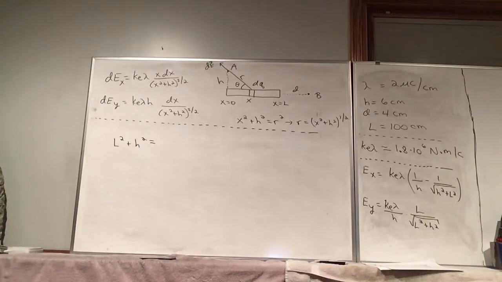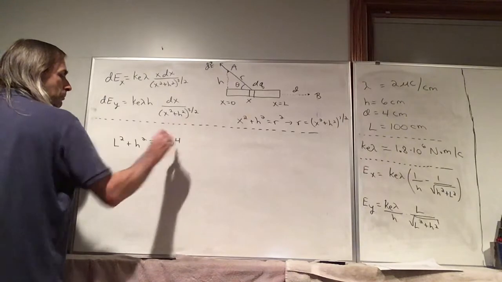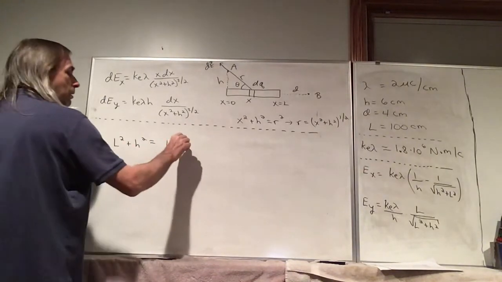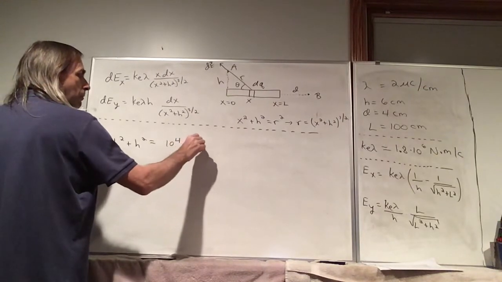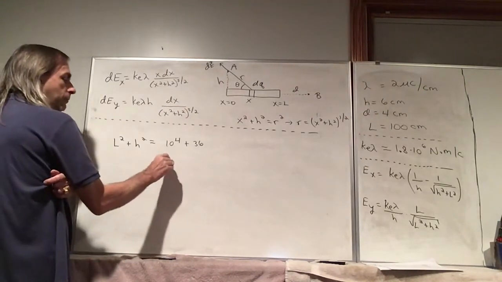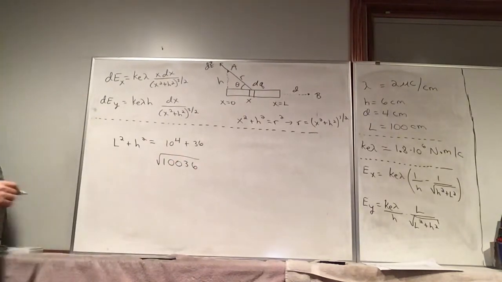L is 100 centimeters, so 10 to the 4th, and h is 6. Kind of makes me want to change h to something that's a little more significant, because this is basically going to be 100.